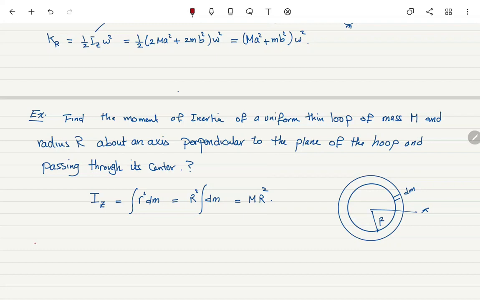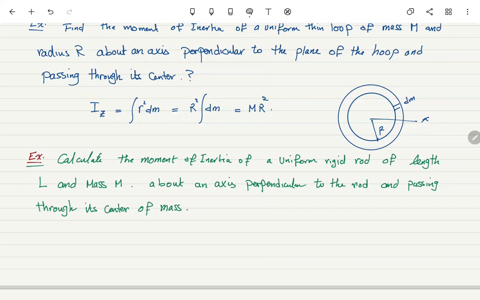One more example. Calculate the moment of inertia of a uniform rigid rod of length L and mass m about an axis perpendicular to the rod and passing through its center of mass. So the situation is as this.